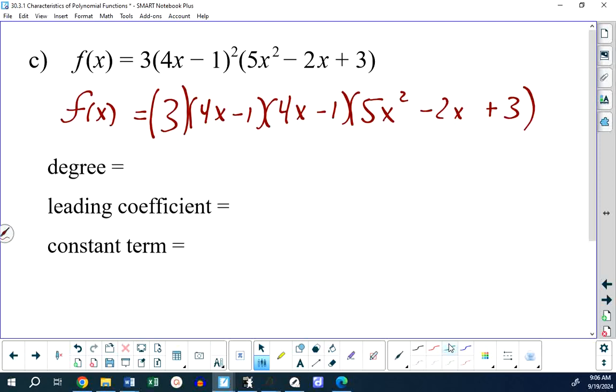So what is the highest degree term of this factor over here? Well, it's 5x squared. What is the highest degree of this factor here? It's 4x. The highest degree of this factor is 3. Even though 3 is a constant, in that factor it is also the highest degree term.